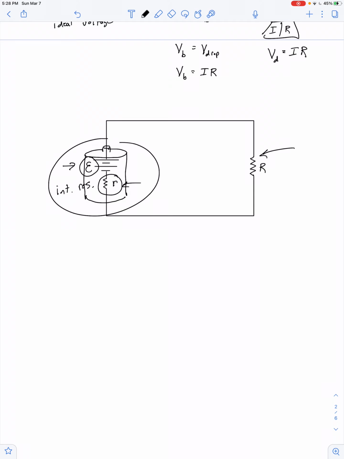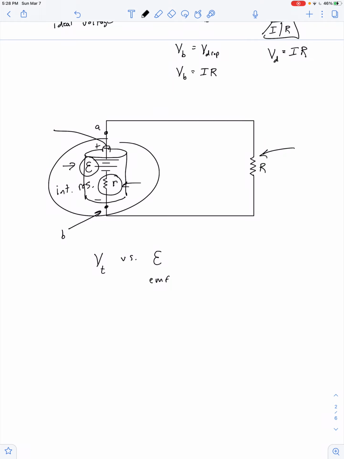Okay, so what we want to find is some sort of relationship between, again, if we say this is the positive terminal of the battery and call that point A, and then this is the negative terminal of the battery and we call that point B, we'd like to know how does the voltage across the terminals of the battery compare to what we're calling the ideal voltage, or the EMF, of the battery.